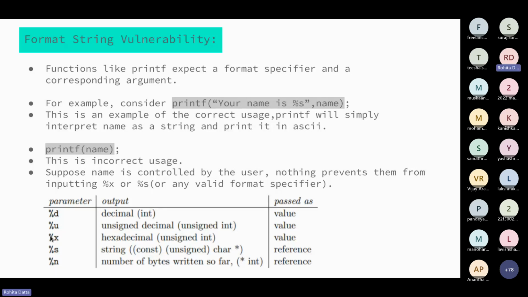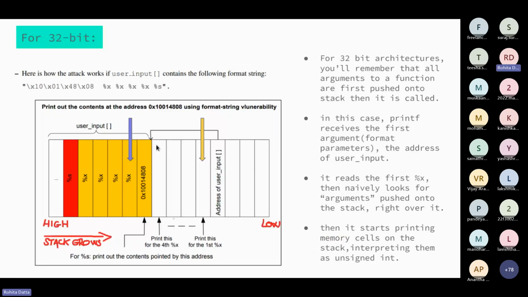Okay, now on to a 32-bit system. Suppose there is something on the buffer, the user input, and the user has given you this input. He has given you some memory address followed by %x, a few format specifiers. So onto the stack, all of this stuff is stored.